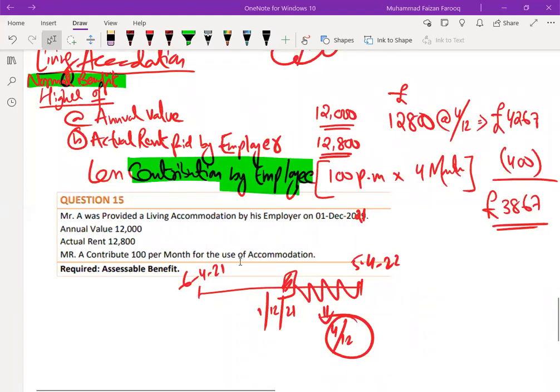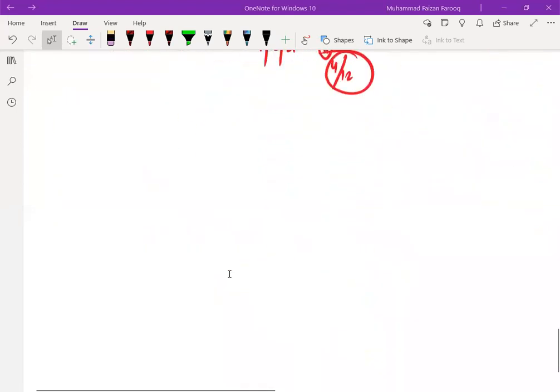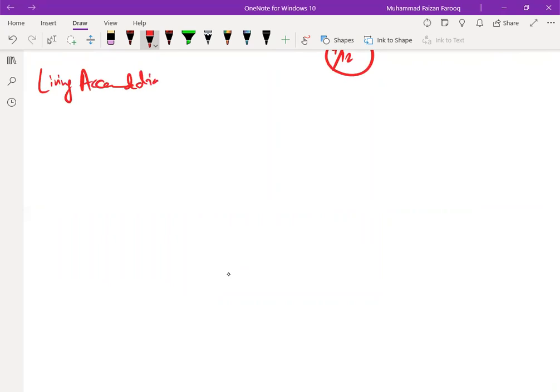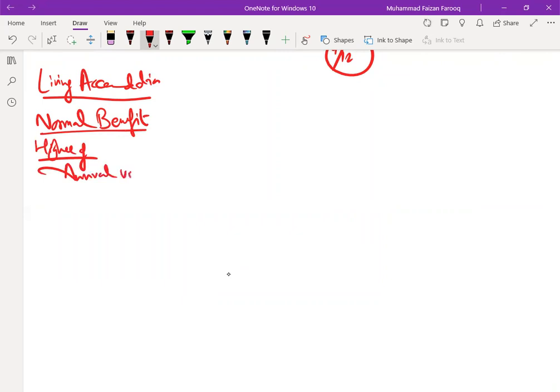What we learned is called normal benefit. Now, for living accommodation, we have normal benefit. This we know how to do: higher of annual value and actual rent. We know this.